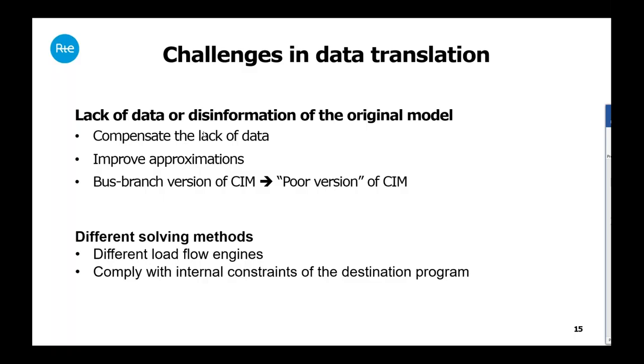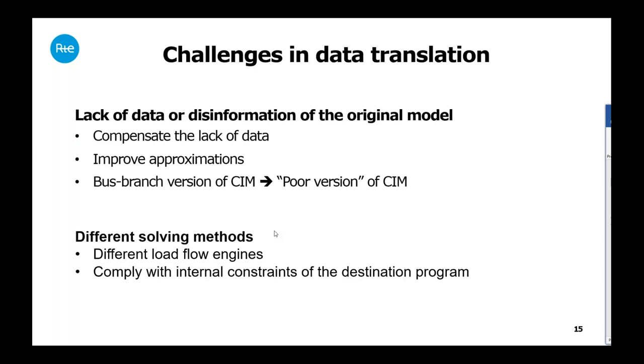Another challenge is different solving methods, because to validate the model or even just to make the load flow converge, we may encounter problems. Load flow engines may be different between the original and the destination software. For example, you can have automatic power transformer tap changing during load flow.